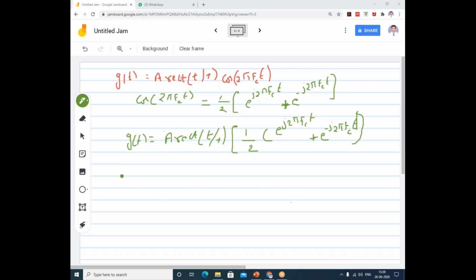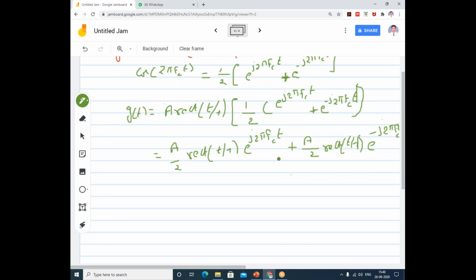So I can take this 1 by 2 outside. I can write A by 2 rect of t by T into e power j2 pi fct plus A by 2 rect of t by T into e power minus j2 pi fct. So that is how you will get it.